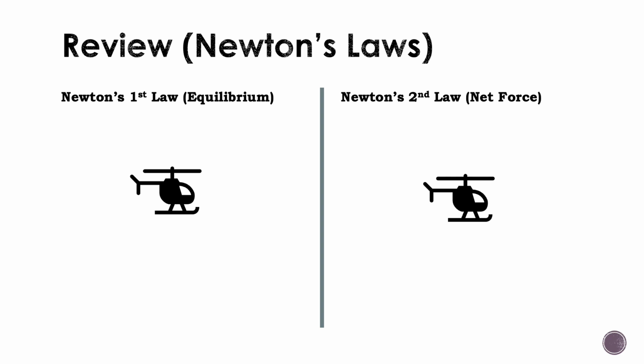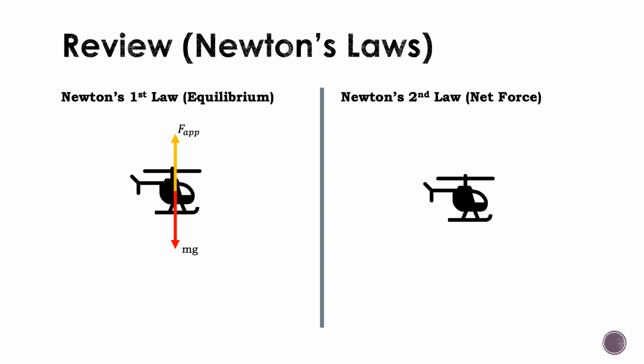So what does Newton's first law say? Well, obviously, on the helicopter are two forces. The weight is trying to pull down on the helicopter, and the propellers are trying to push up on the helicopter. Now, if those forces equal each other, that's called equilibrium.